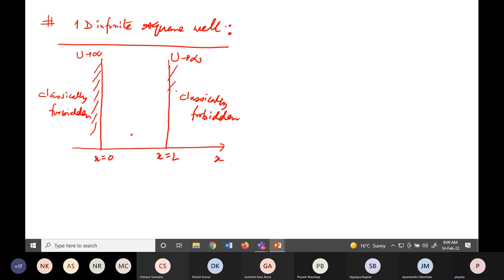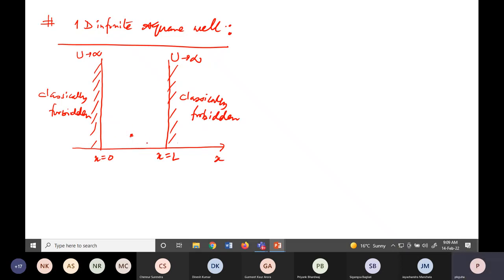So these two parts are classically forbidden, and it is easy to say that within this potential well the potential energy is zero, because this is a single particle only present there, there is no other particle, and so there is no interaction of this particle or electron or whatever with any other thing. So the potential energy associated with the particle is free inside the potential well.